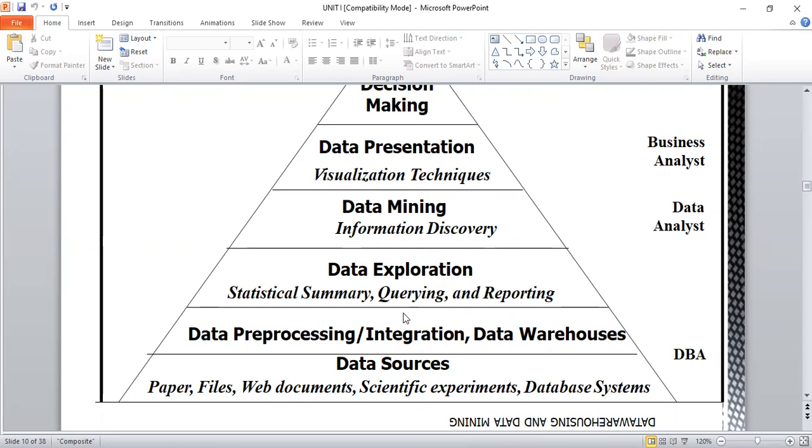We perform integration of data, integrating multiple sources, basically heterogeneous data, into one unified schema at one place, which is nothing but your data warehouse. All these things happen under the database administrator. Then we explore the data by querying, reporting, and some statistical operations. That is called data exploration.